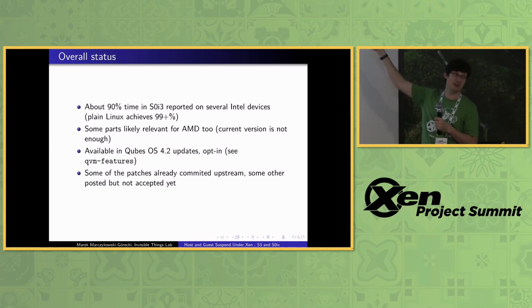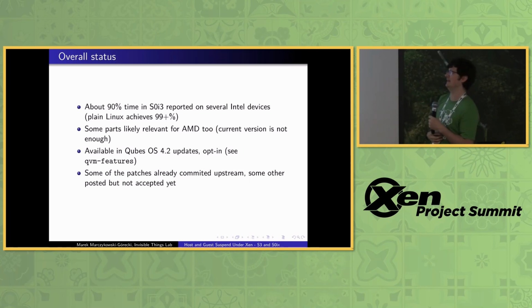We did test mostly on Intel. We have some reports that it's not enough to suspend AMD. But looking at Linux, some parts of the work on Intel are most likely relevant for AMD too.